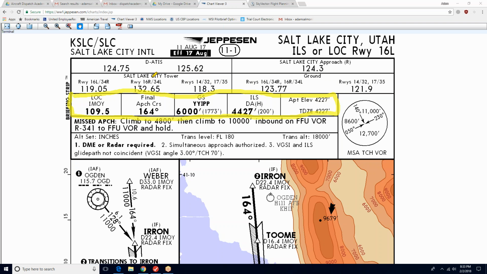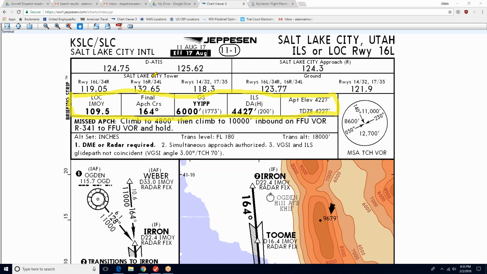That receiver that you're tuning into in the airplane has the capability of telling you how far off course you are from a left to right perspective, the lateral perspective, and altitude-wise, how high up or down you need to be. So that's where you get the precision. It's giving you altitude and your horizontal positioning, essentially.